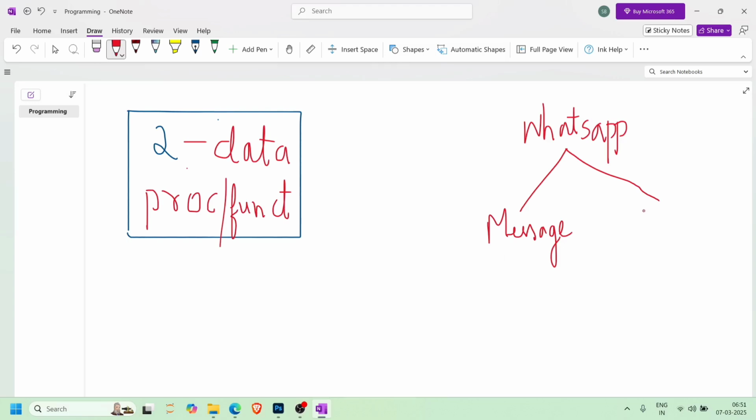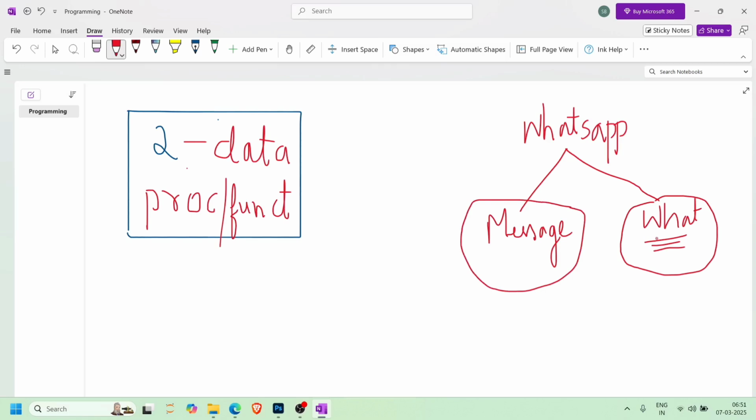And what do you do with the message? How do you send a message? Every piece of information, what can be done with the message, how the encryption will happen, everything is present as one part. Whatever the message, the procedure will be the same.